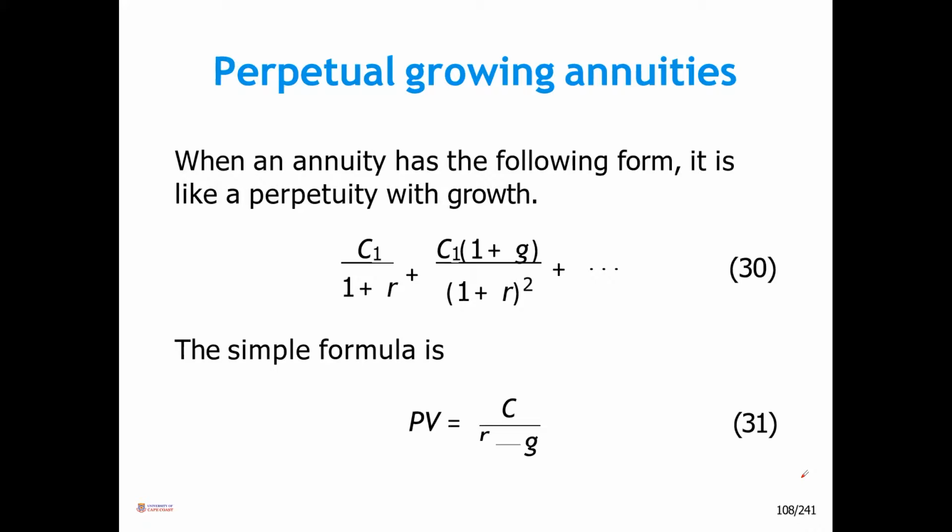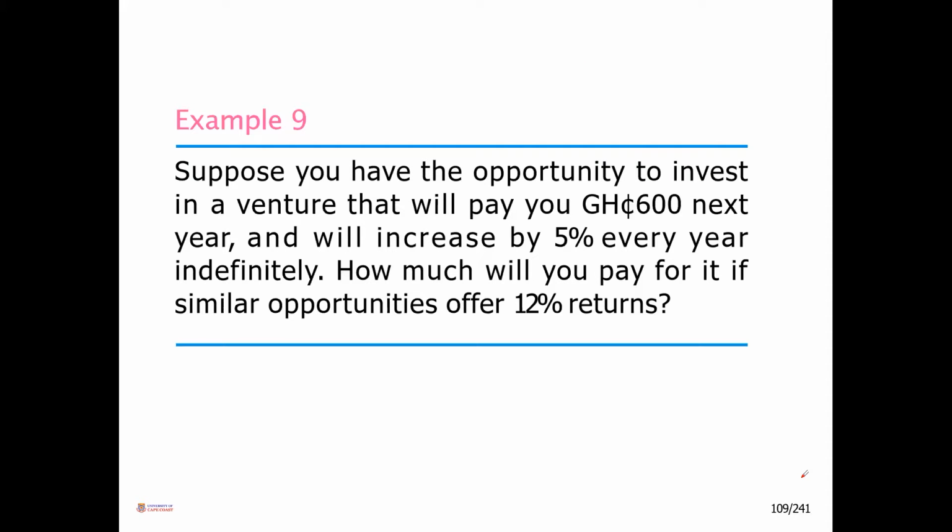A perpetuity does not have a terminal point. So let's look at this example. Suppose you have the opportunity to invest in a venture that will pay you, let me see.